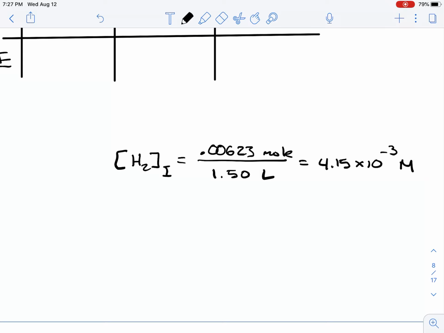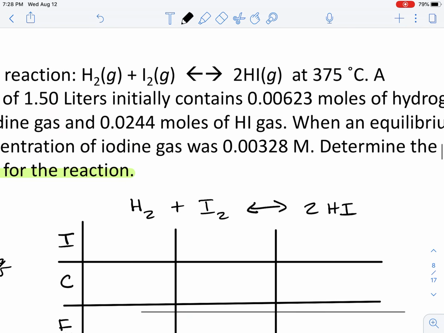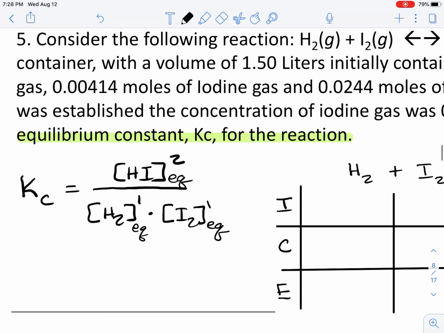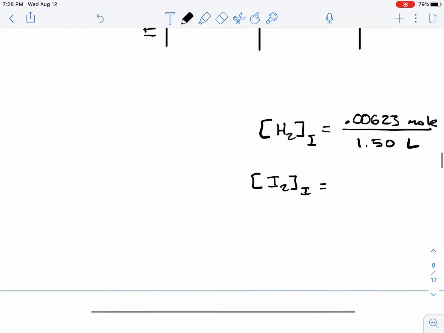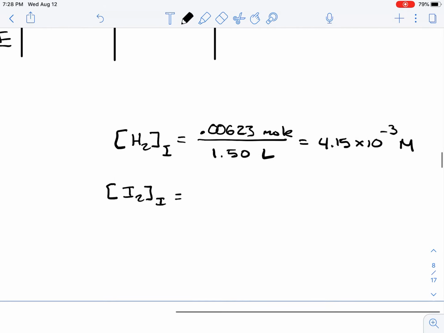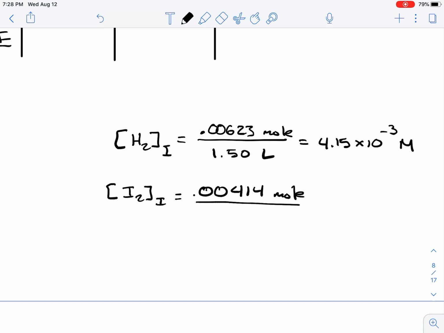And so the initial concentration of I2, iodine gas, is 0.00414, or 4.14 times 10 to the negative 3, moles for every 1.50 liters.